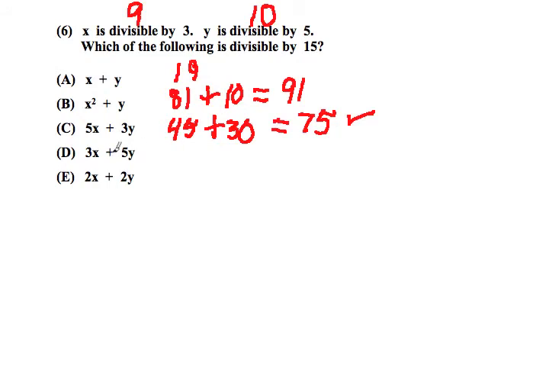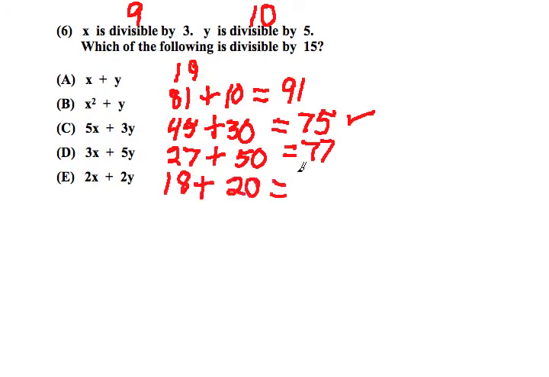Okay, 3 times x, which is 27, plus 5 times 10, 50. So that's 77. It's not divisible by 15. 2 times 9 is 18, plus 2 times 10 is 20, 38.